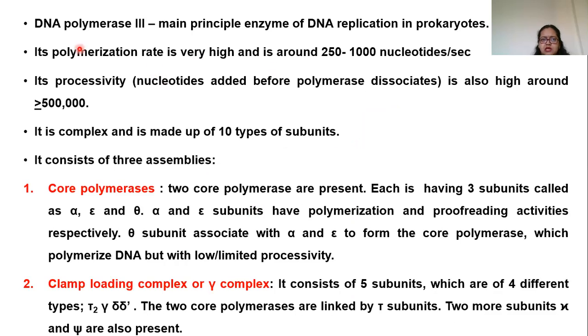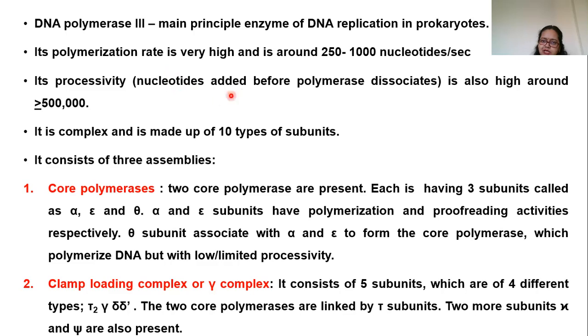DNA polymerase 3 is the main enzyme of DNA replication, and the polymerization rate is very high, around 250 to 1000 nucleotides per second. So we can say that its processivity is also very high. What do we mean by processivity? Once the DNA polymerase starts adding nucleotides to the growing DNA chain, it moves along with the growing chain.